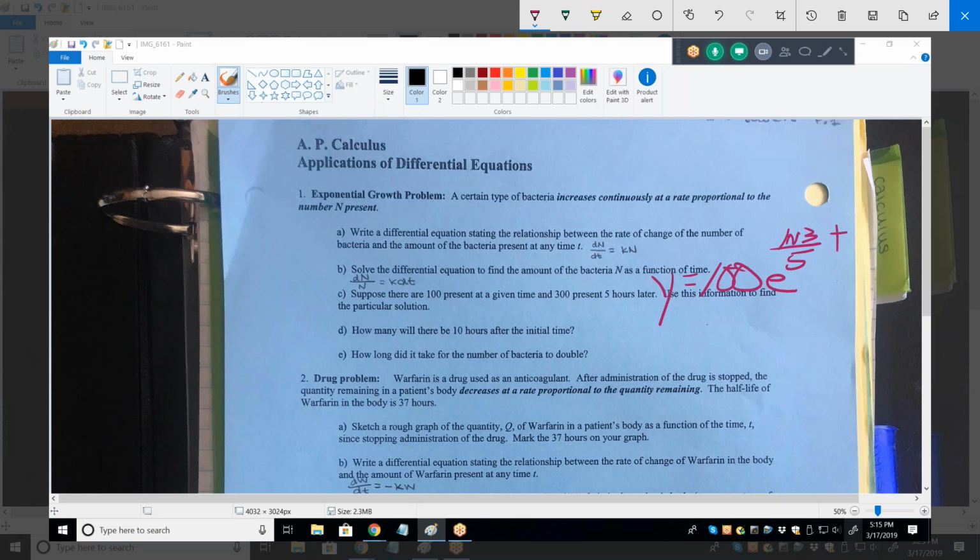Actually, I don't think it matters. I think that no matter what you start with, there's a certain amount of time that it takes to double. So, yeah, starting with 100 to get to 200.